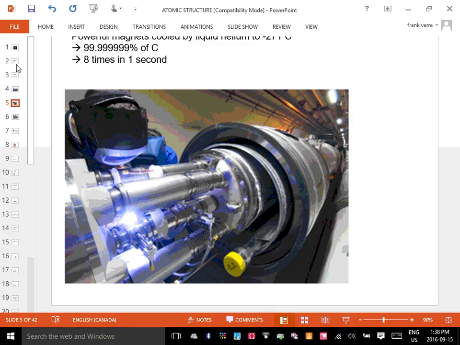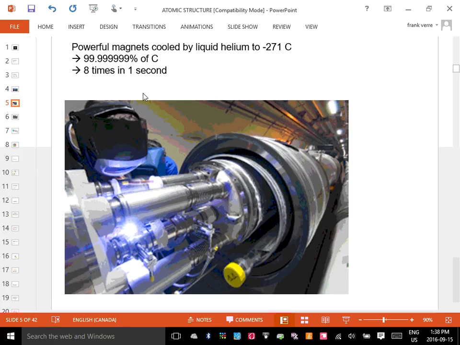And it uses really, really powerful magnets. These magnets are cooled down to basically 2 degrees above absolute zero. Absolute zero is minus 273. So I said this is called a particle accelerator.